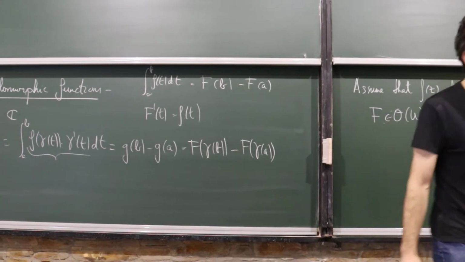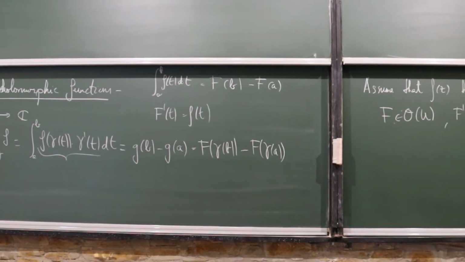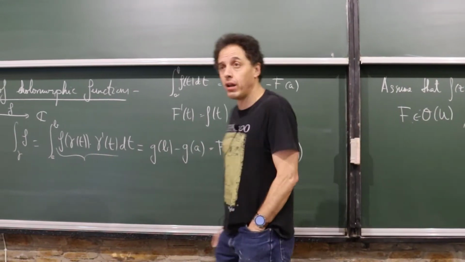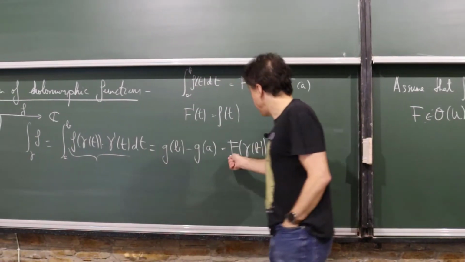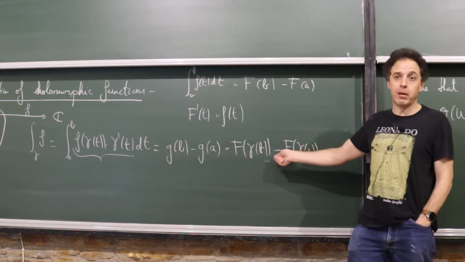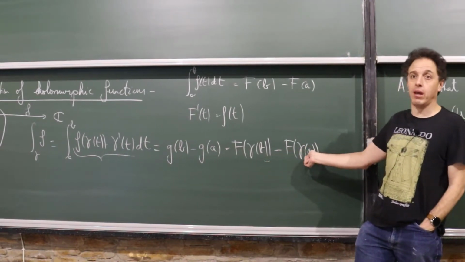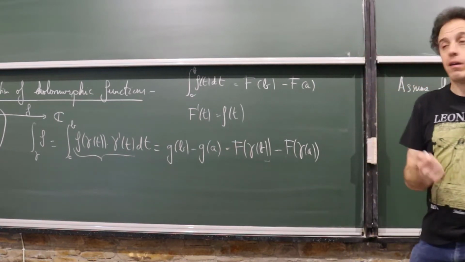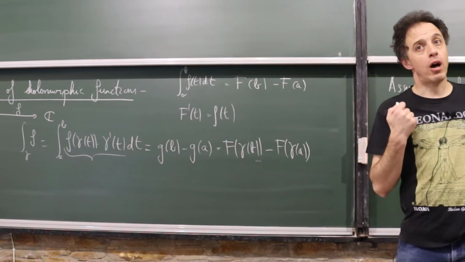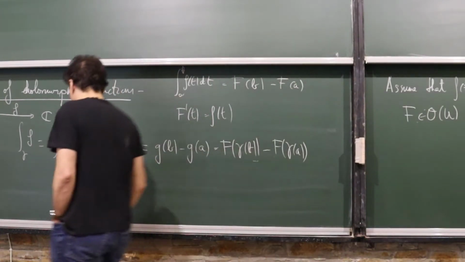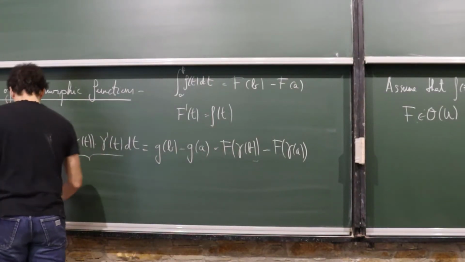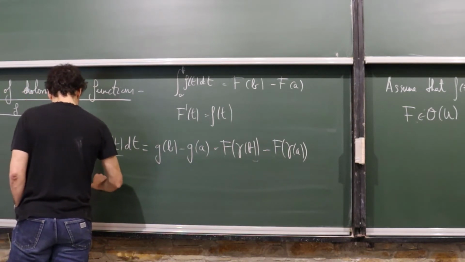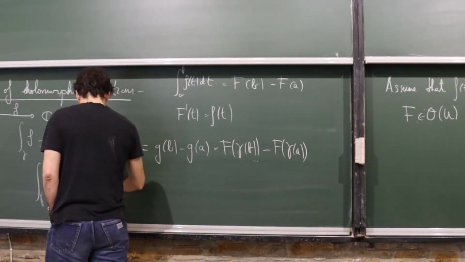And g of b minus g of a is big F of gamma of b minus big F of gamma of a. So if you have a primitive, the value of the complex integral of a continuous function is the primitive evaluated at the end point minus the primitive evaluated at the initial point of the path. So in particular, the integral is independent of the path.